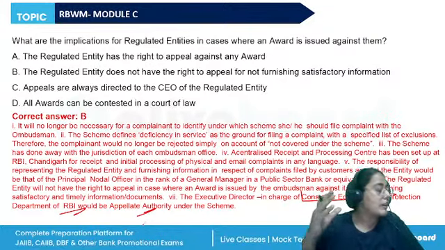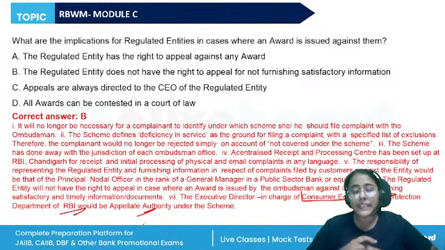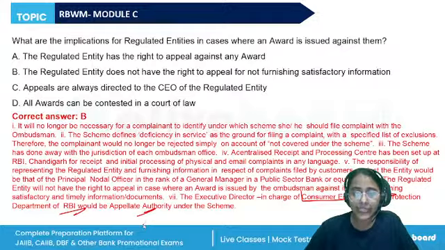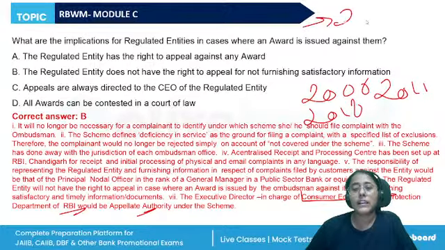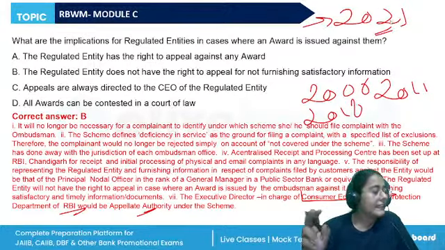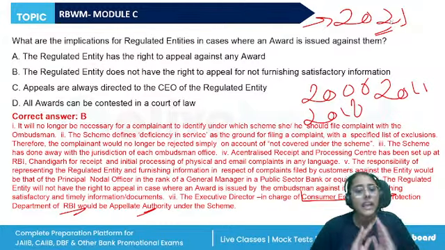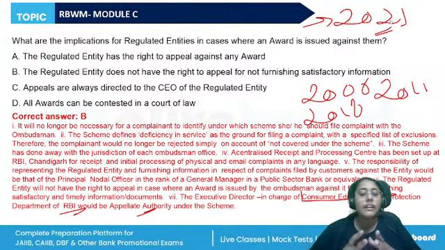Right? So, what are the features of the integrated ombudsman scheme? The banking ombudsman scheme of 2006, the Ombudsman Scheme for NBFCs 2018, and the Digital Transaction Ombudsman 2019 have been merged into one 2021 integrated RBI Ombudsman Scheme. It is no longer necessary for a complainant to identify under which scheme they need to file the complaint.